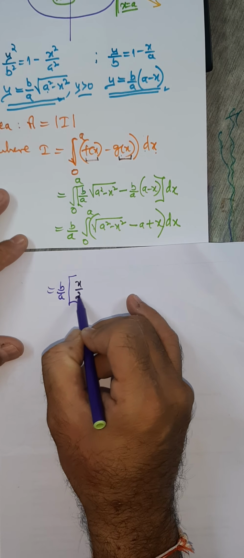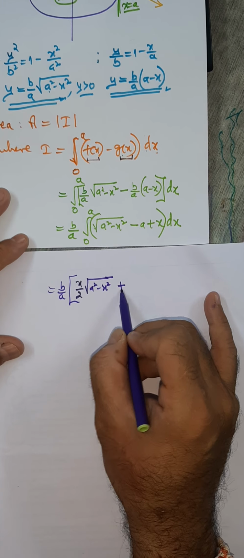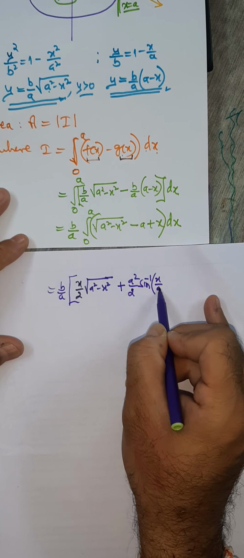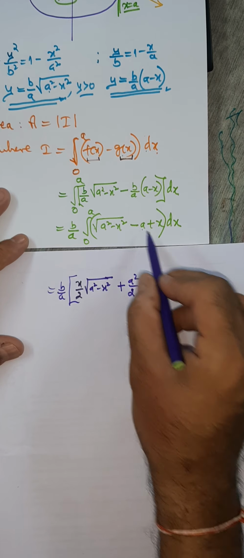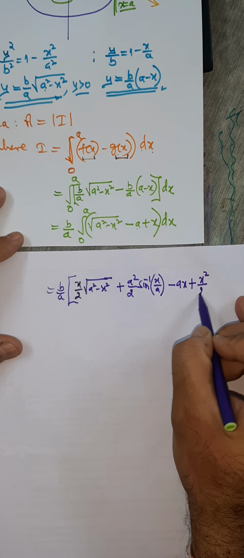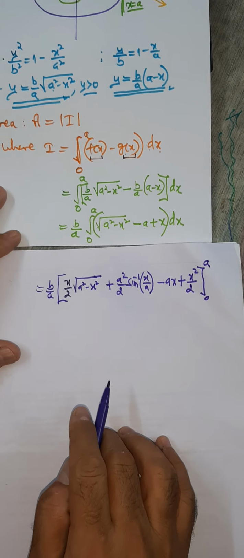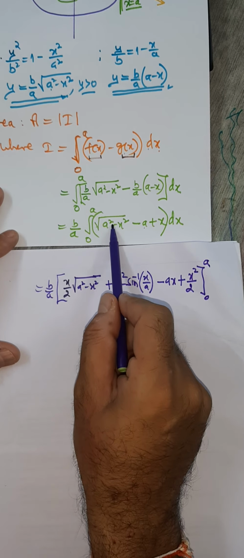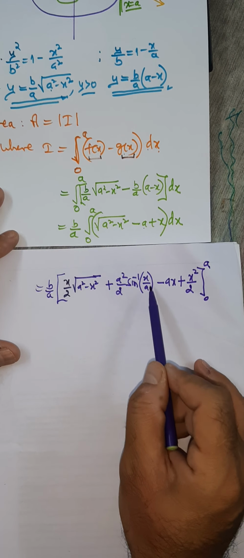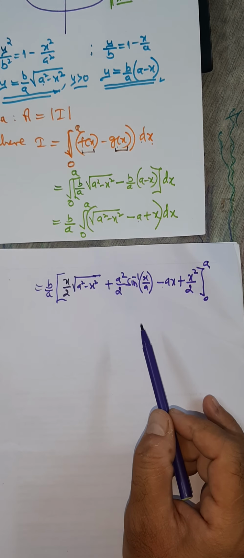x by 2 into the same expression plus a squared by 2, constant first, so answer in form of sine inverse, sine inverse x by a, minus integral of a is ax, plus x squared by 2, 0 to a. I repeat, x by 2 into the same expression plus a squared by 2 sine inverse x by a, integral of a is ax, and of x is x squared by 2, you know.